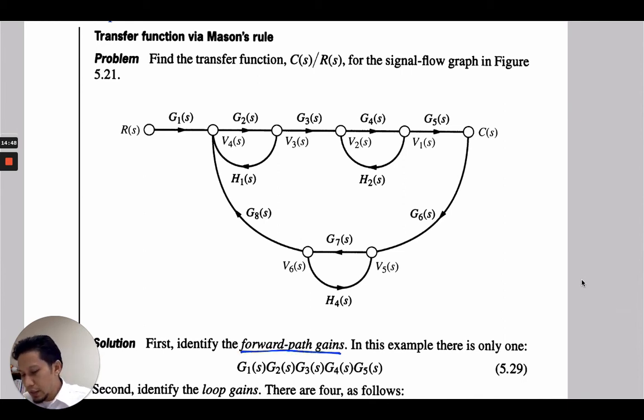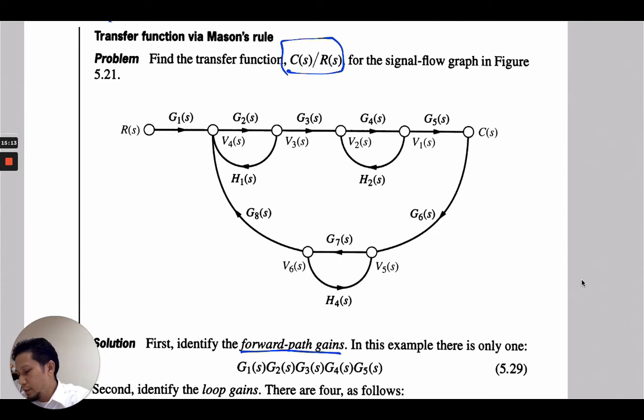We want to find C(s) over R(s), so the forward path is the path that connects R to C. The forward path means the arrow goes to the right, from R to C.